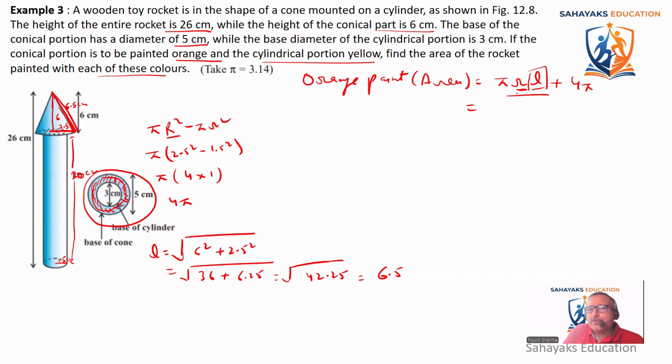Now let's calculate. So both of these, pi is common. I'll take the radius. Radius is 2.5 multiplied by 6.5 plus 4. So it comes as pi, 2.5 into 6.5. 2.5 into 6.5 comes out to be 16.25, plus 4.